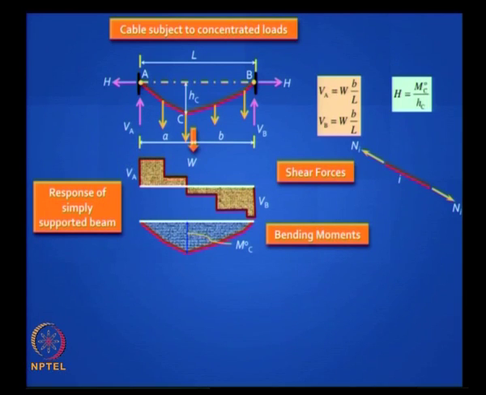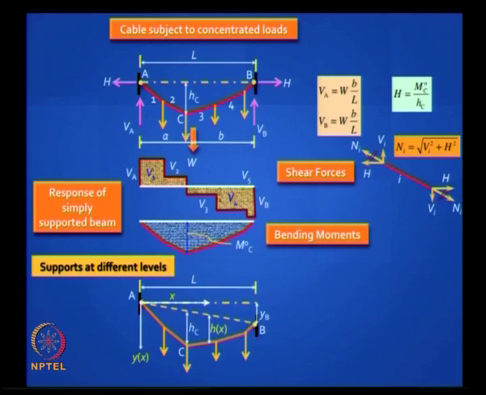Now if you cut a section anywhere, you will find that the horizontal component is constant, and sometimes it is referred to as a horizontal tension in a cable, and in an arch it is referred to as a horizontal thrust. And so you will find that H is constant for all cables, for all segments, V is changing depending on the shear force, and the axial force is the resultant of H and V as shown there.